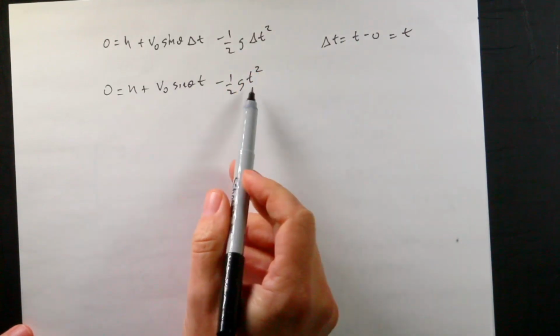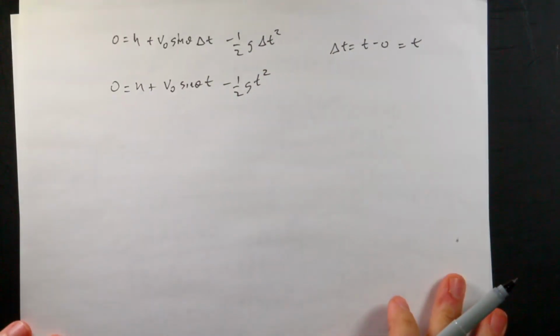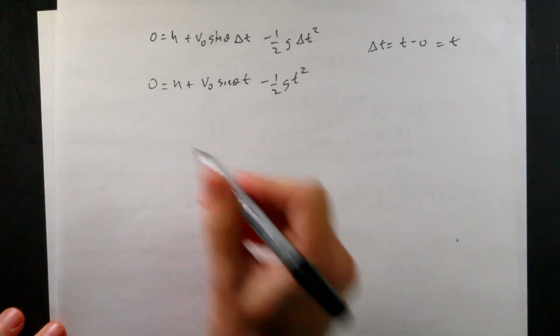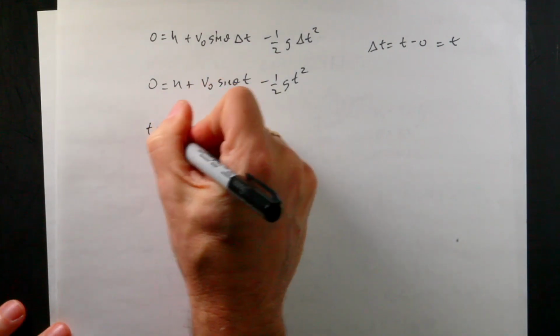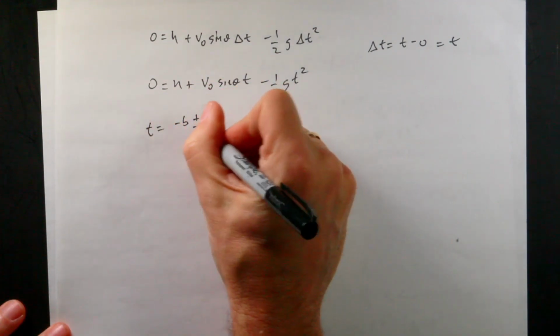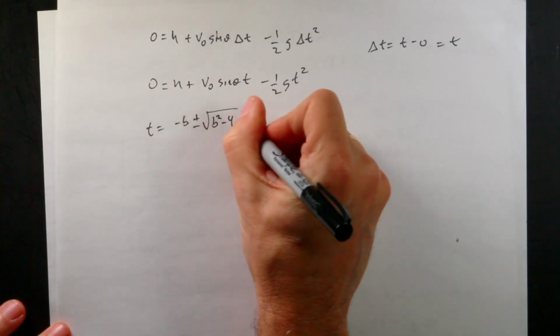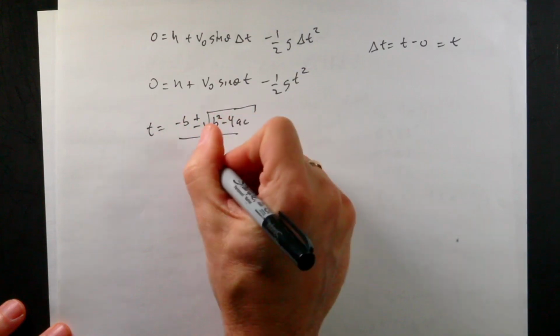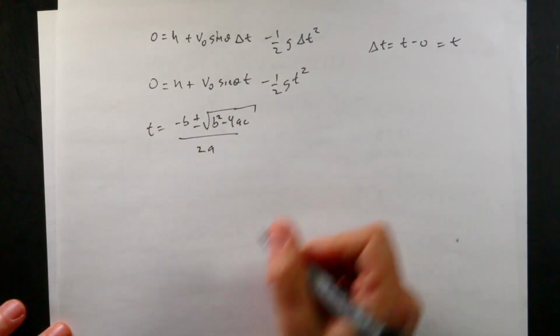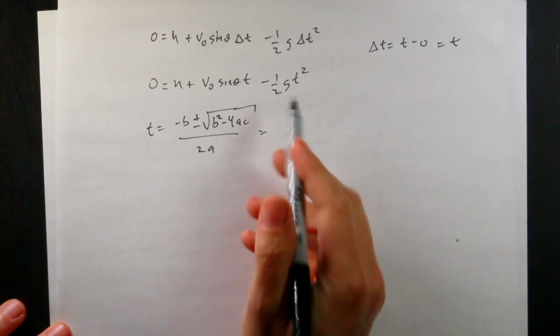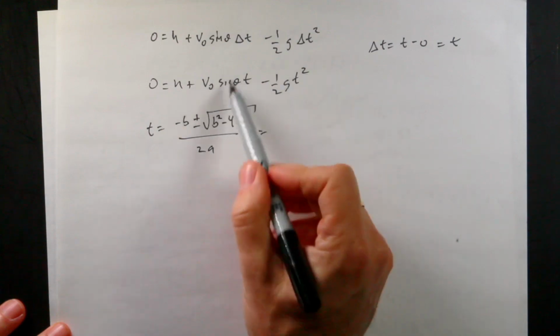And I have a t squared and a constant term, so that means I have to use the quadratic equation to solve this. So t is going to be negative b plus or minus the square root of b squared minus 4ac, all of that over 2a. I got that right? Yeah, that's right. In this case, this is a, that's b, and that's c.